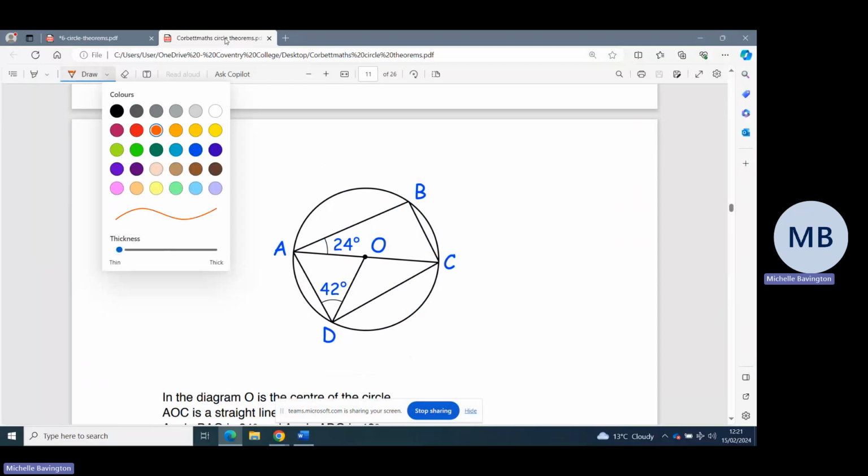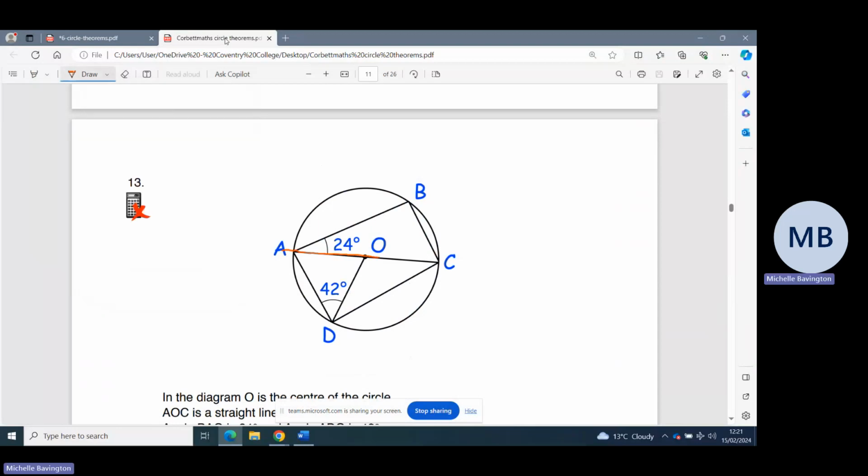I'm just going to change my colour. We've got a semicircle. So that will be 90 degrees. Yeah, the angle in a semicircle equals 90 degrees.